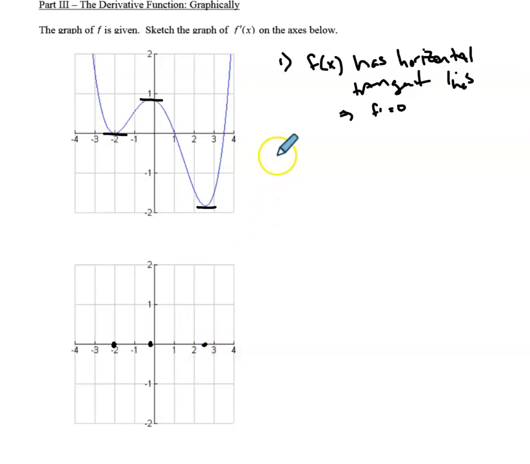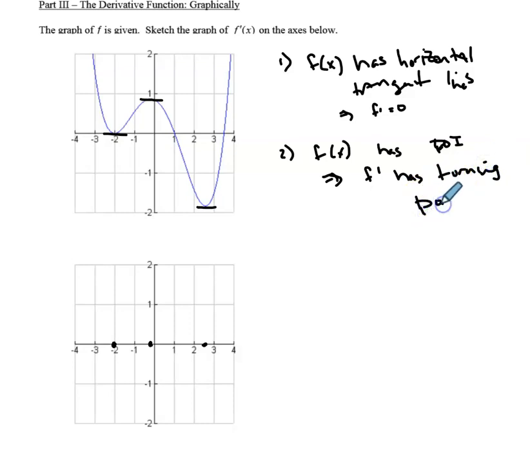So then the next thing I do is that I want to understand where there are points of inflection on f. So where f has points of inflection, that means that f prime has turning points. So I'm going to write that out, turning points.